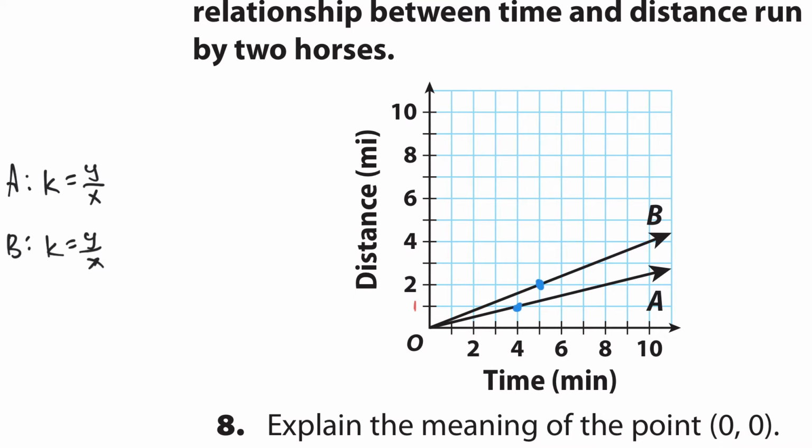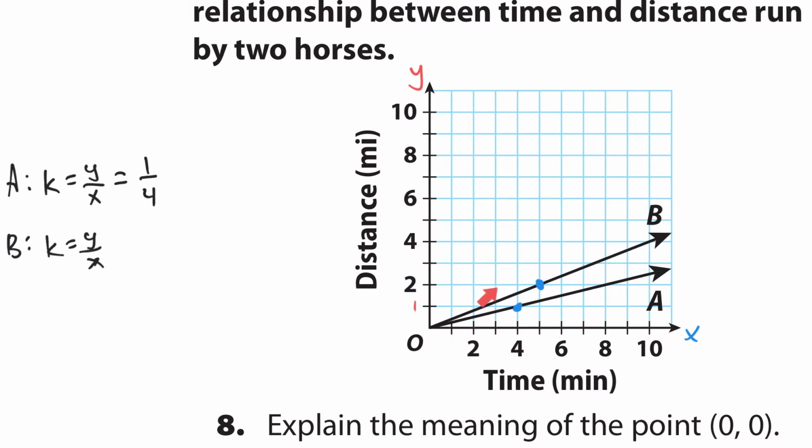So for horse A, if we go to this dot here, the y value is 1 and the x value is 4. Remember, the y value is vertical and the x value is the horizontal. So the constant of proportionality is 1 over 4. And let's do B also since we're here.